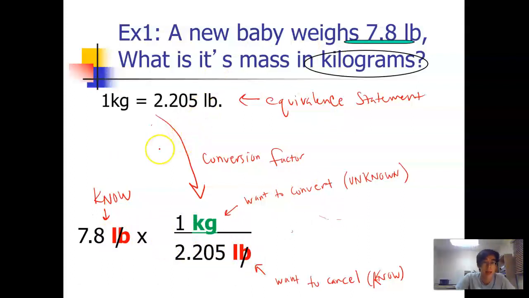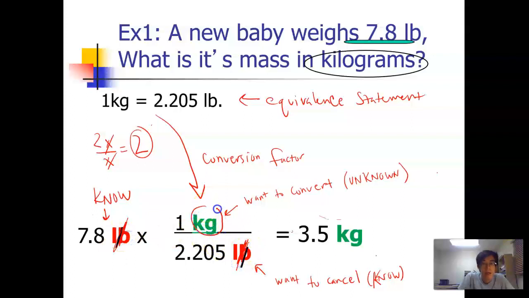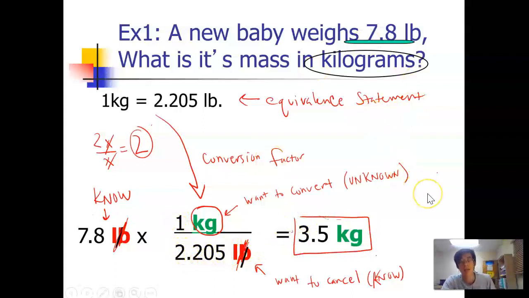So, for instance, if I had 2x divided by x, I cancel out x and x, and I'm left with just 2. That is my answer. So, same thing here. I cancel out the pounds and pounds, and I'm left with only kilograms. So what I just did there is 7.8 times 1 divided by 2.205, which gives me 3.5 kilograms. Alright?